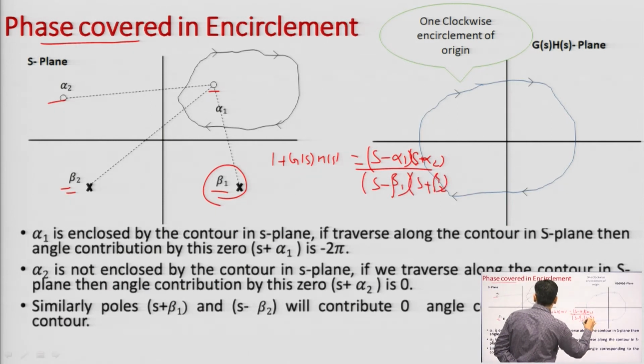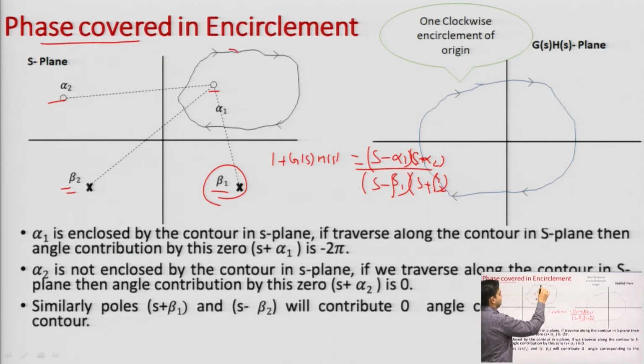I had plotted this. Now, I encircle this 0 in clockwise direction. I would like to know what the phase contribution by this alpha 1 is if I am moving across this contour. If I move in this closed curve in clockwise direction, I will calculate its phase with respect to alpha 1.